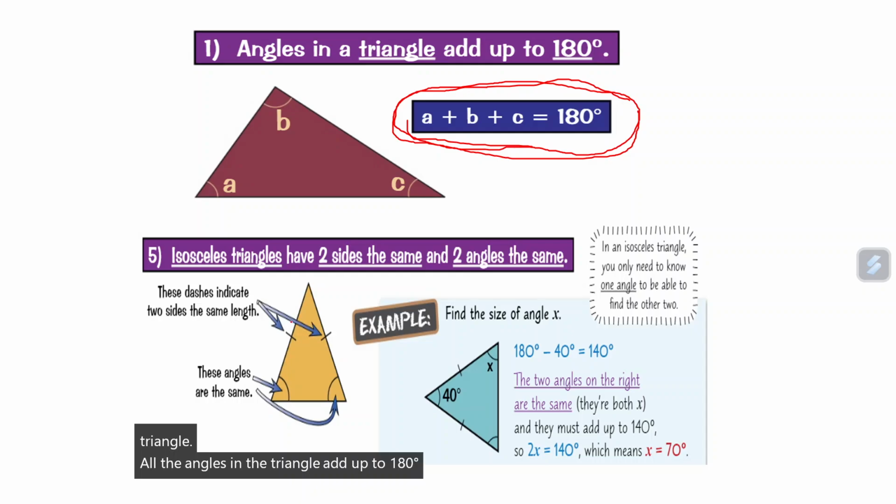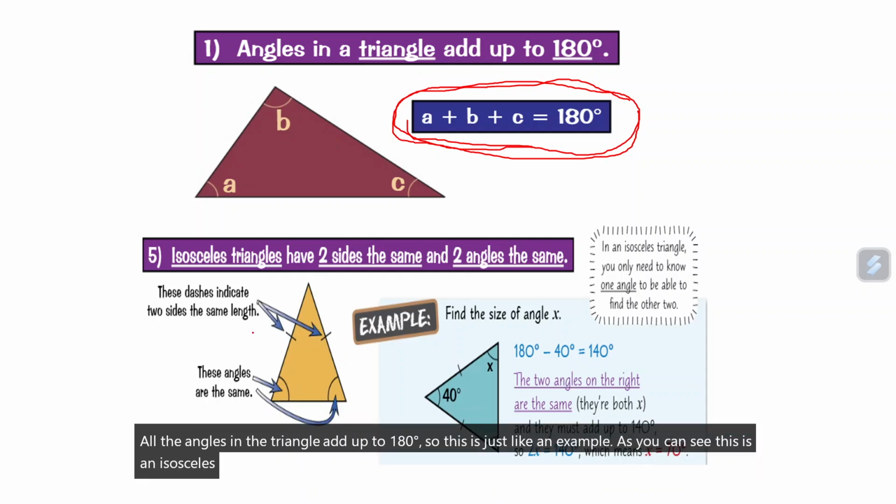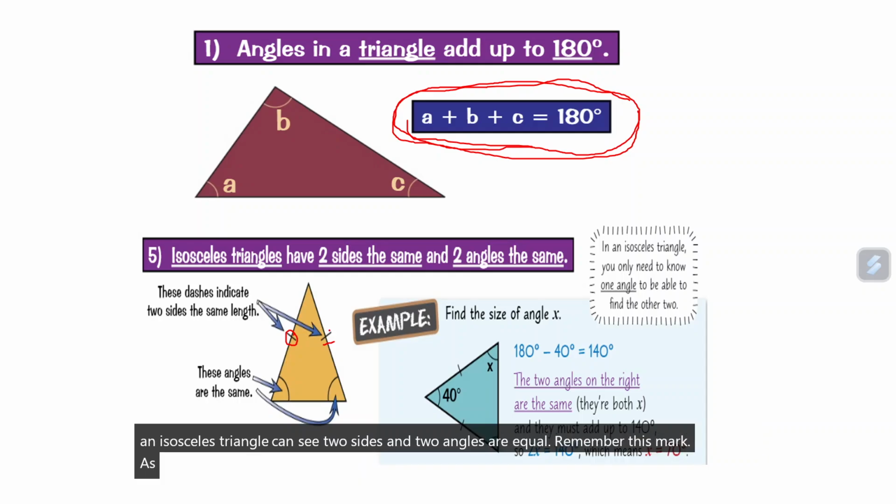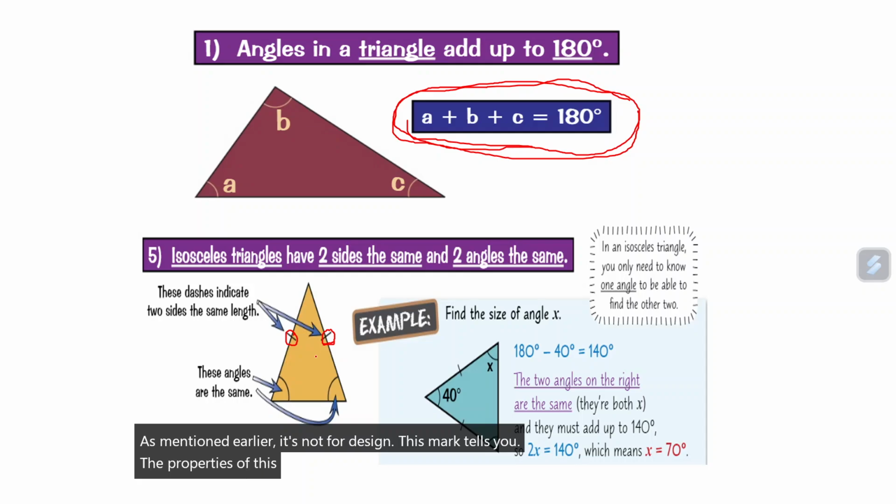So this is just an example. As you can see, this is an isosceles triangle. You can see two sides and two angles are equal. Remember, this mark, as mentioned earlier, is not for design. It tells you the properties of this particular triangle.